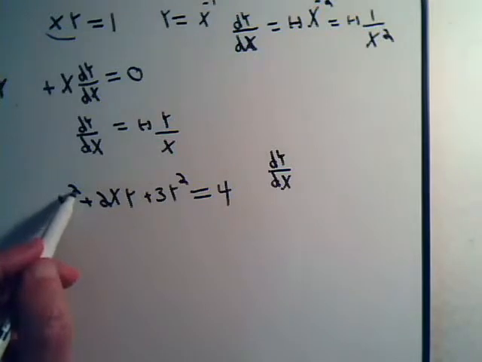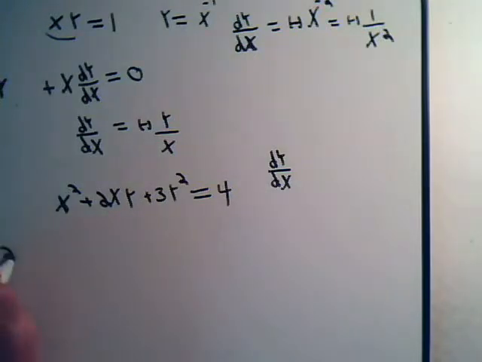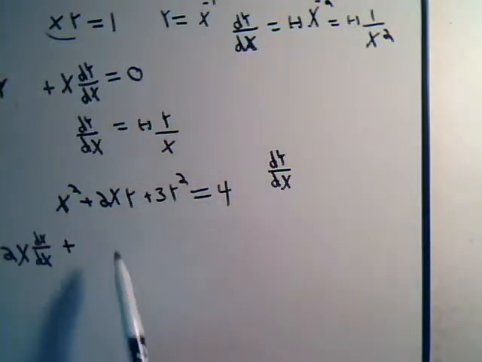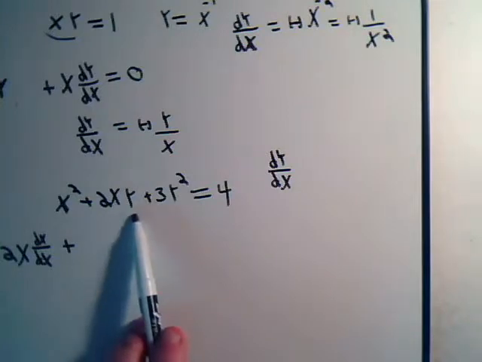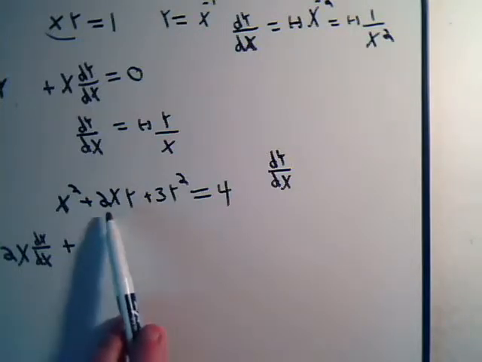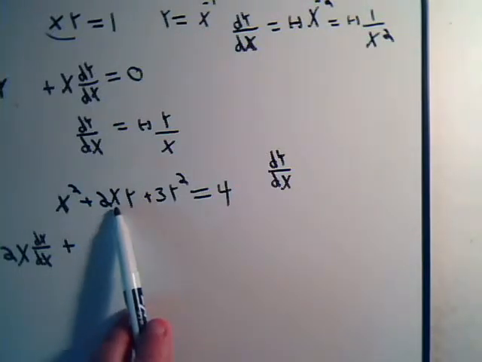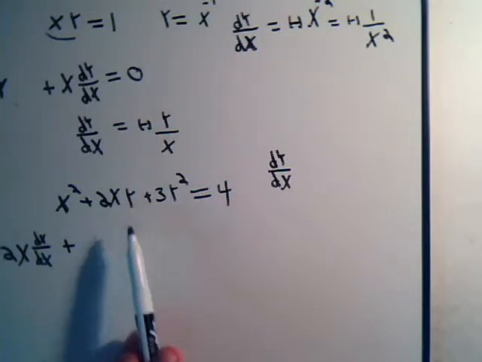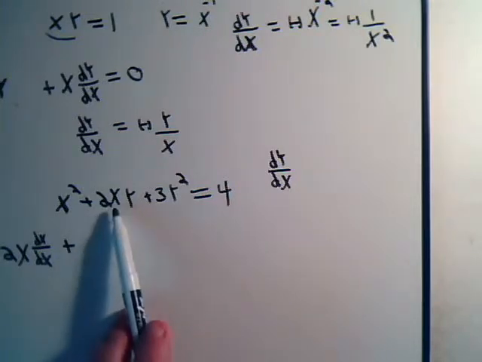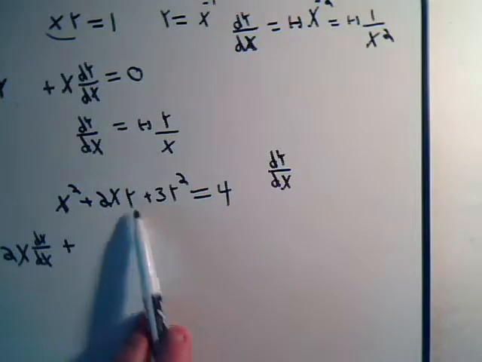So we go along, this here would be 2x, and we'll go ahead and write it down, 2x dx/dx, plus, now here's a product of two variables, so we would have 2 times y times this derivative plus 2 times x times this derivative.